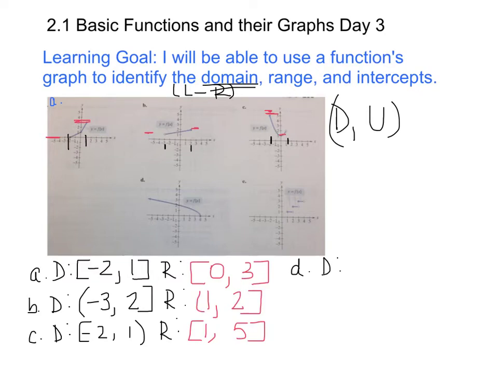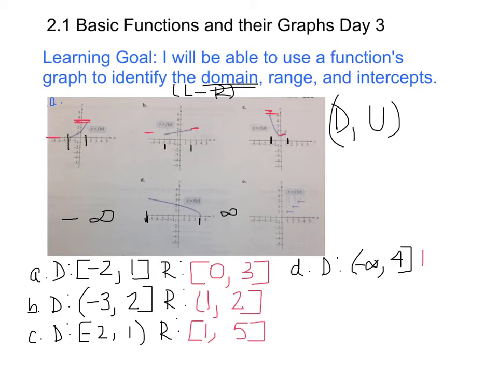D. Domain, I'm going left to right. If you notice, there's an arrow. So that means infinity. So we have a negative infinity and we have a positive infinity. So we're going from -infinity, and we can't use a bracket there. And we're stopping at 4, and 4 is included.